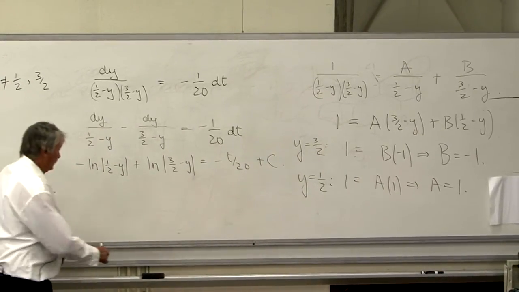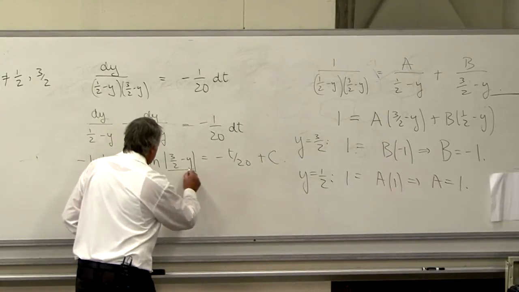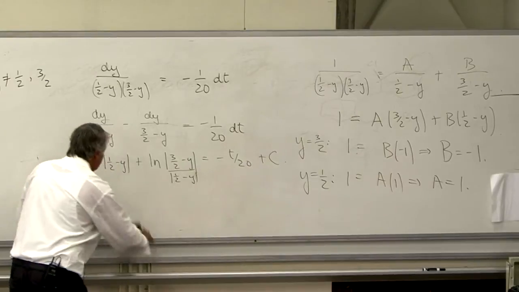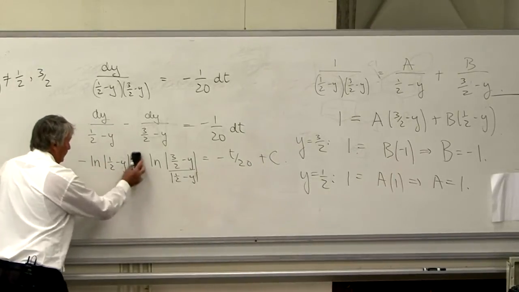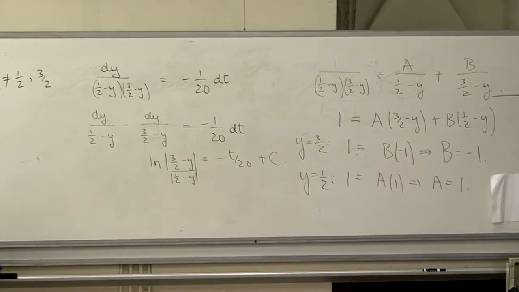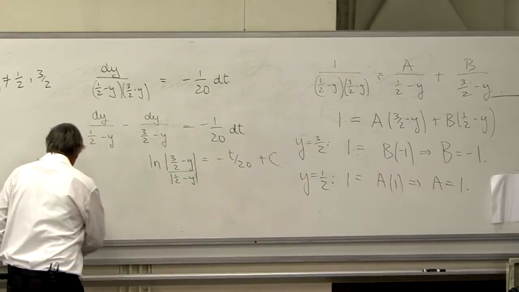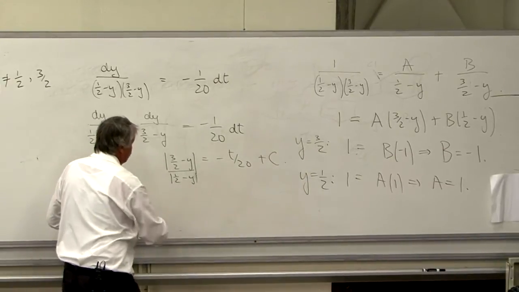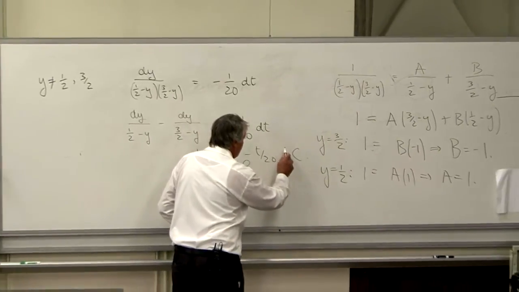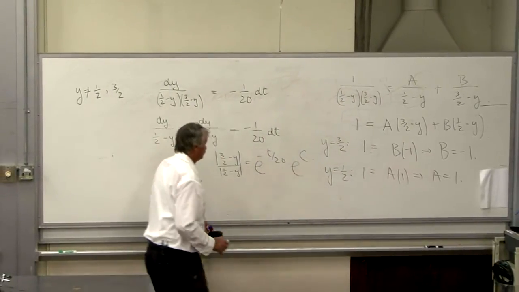Now, combining these two things, it's the log of this ratio. So I've just put this in under here. Log a minus log b is log a over b. Now, to take the log off, I exponentiate. So this is equal to e to the minus t over 20, times e to the c.